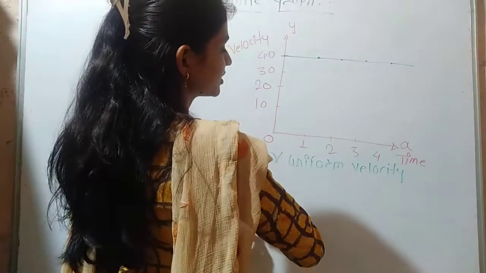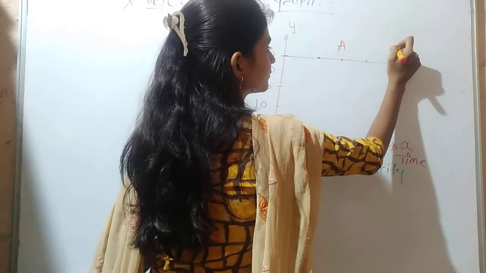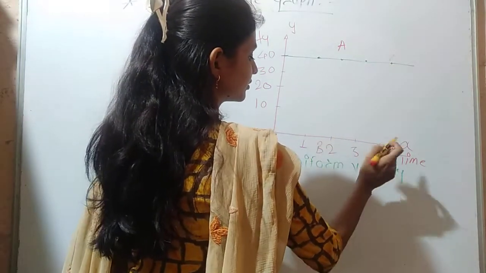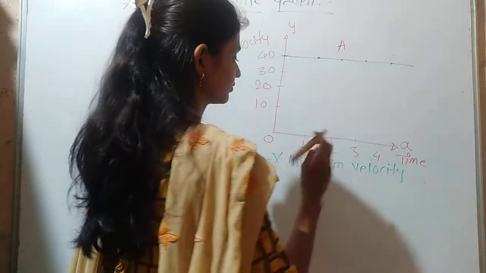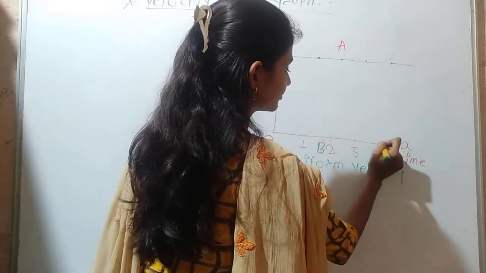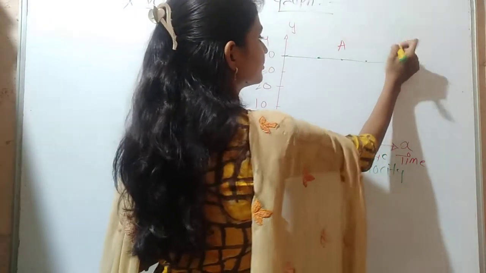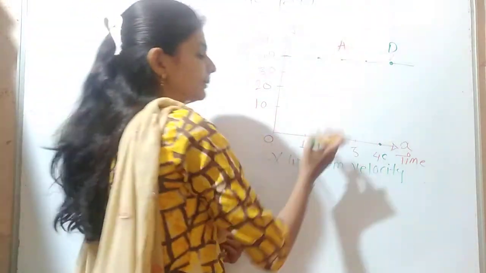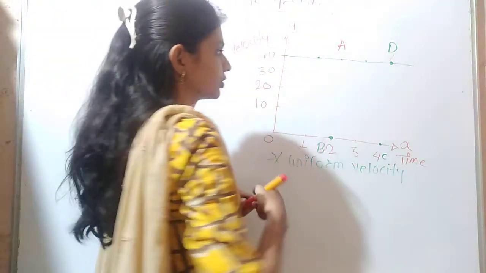I am going to consider point A, point B, point C and point D. So we have four points A, B, C, D. Let us join all these points.